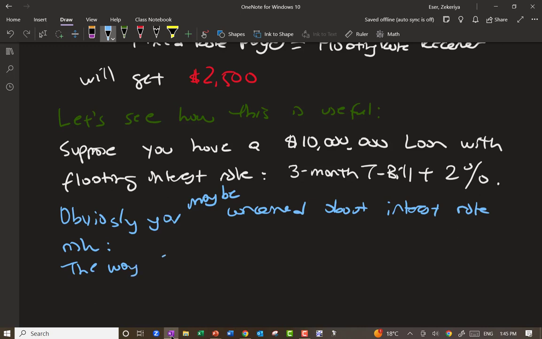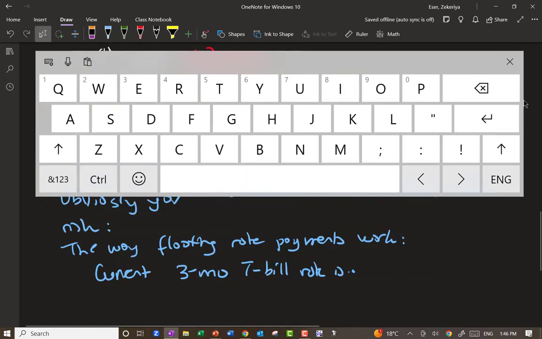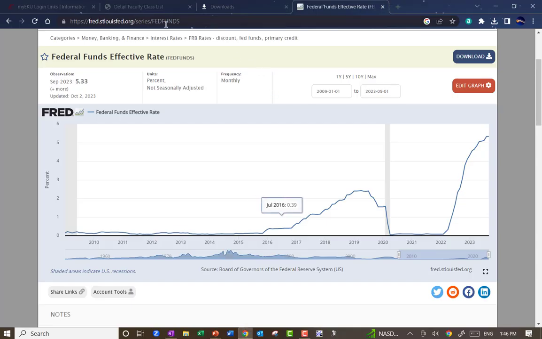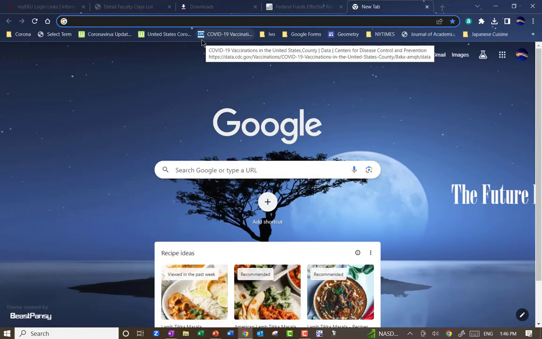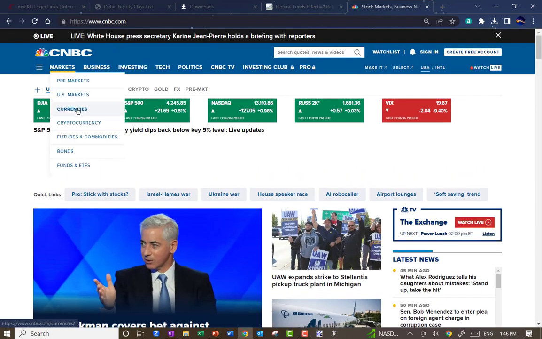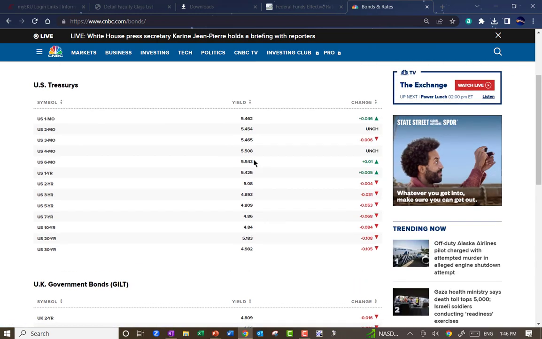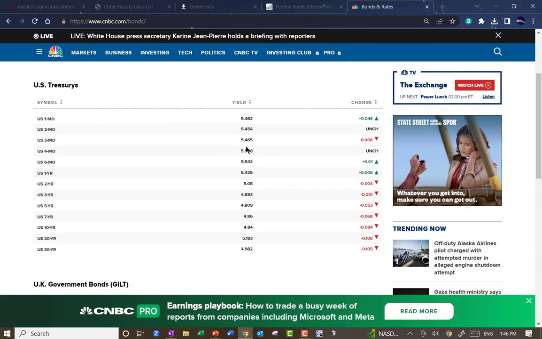because the way floating rate payments work, current 3-month T-bill rate is, let's find out, market response. Uh, 5.465.